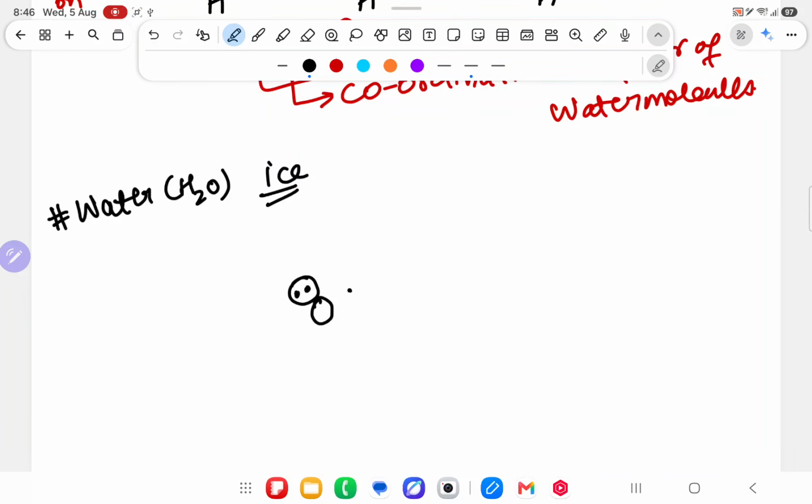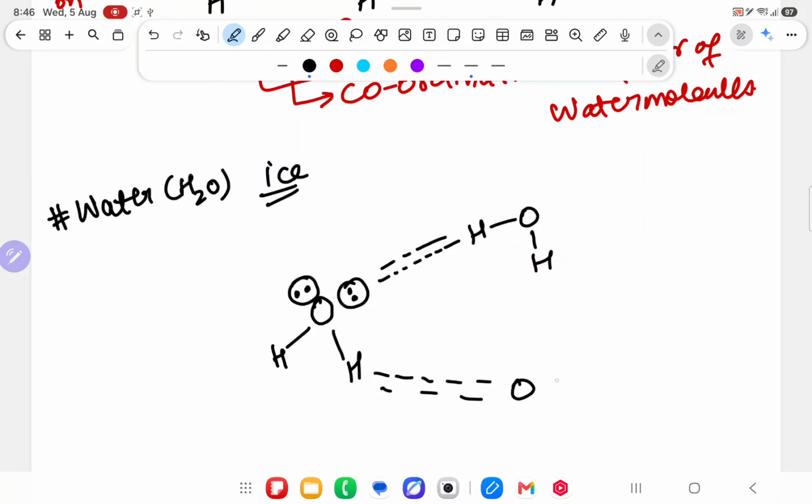Water has one lone pair here, one lone pair here, one hydrogen, one hydrogen. On another side hydrogen will come, oxygen, water. On another side oxygen will come, hydrogen, hydrogen. Another side, oxygen will come, hydrogen, hydrogen. Another side, hydrogen will come, as water is H2O.